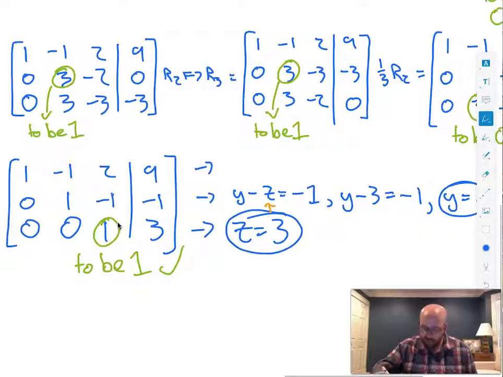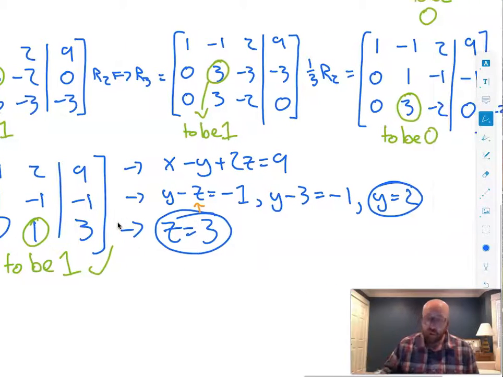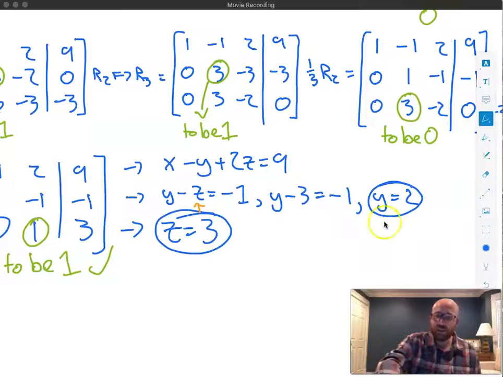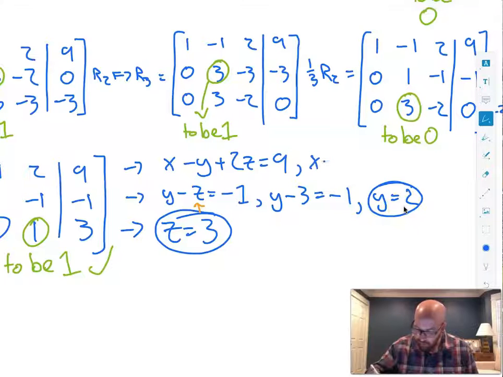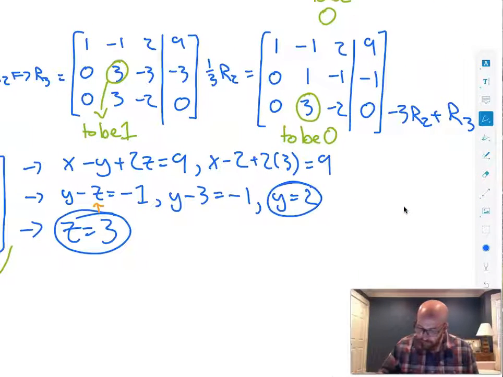This row implies that x minus y plus 2z is equal to 9. Using the fact that z is equal to 3 and y is equal to 2, this becomes x minus 2 plus 2 times 3 is equal to 9.